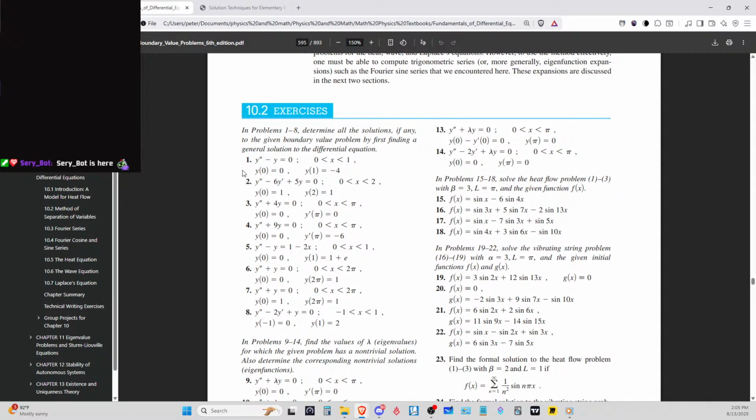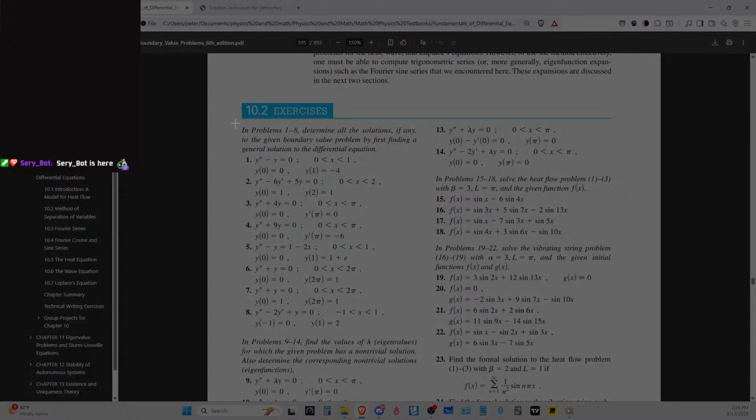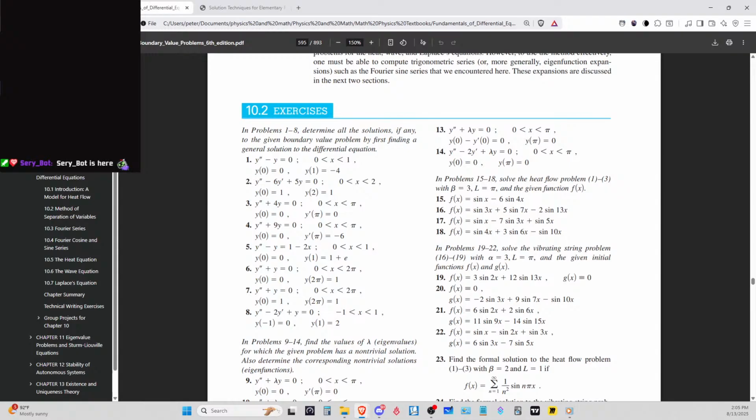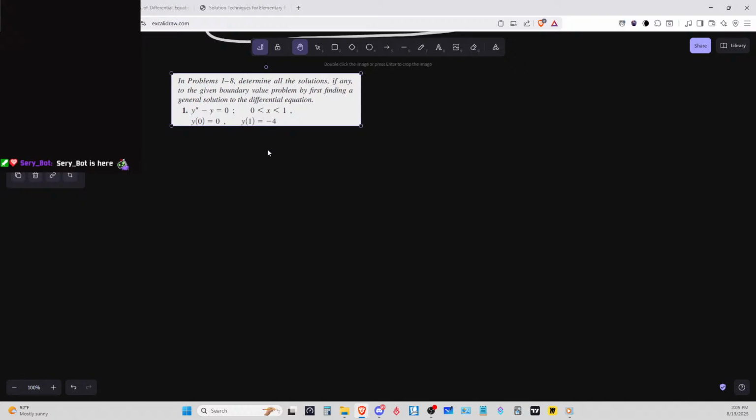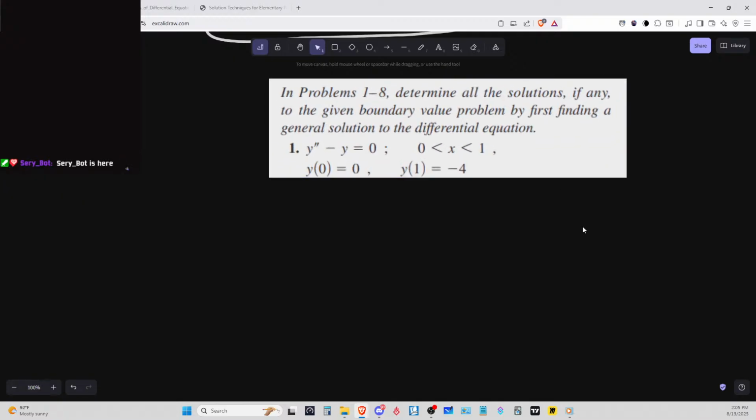So let's try number 1. So we'll just get all that, allow, then we'll move it over here and expand it, like so. Okay, so now that's equal to 0, and that's equal to 4.